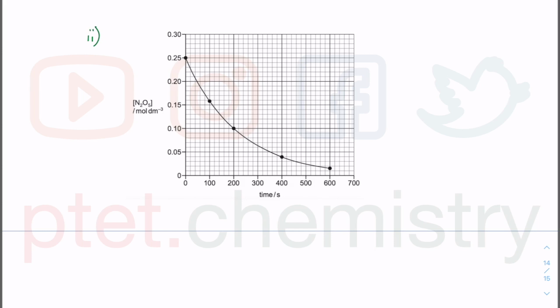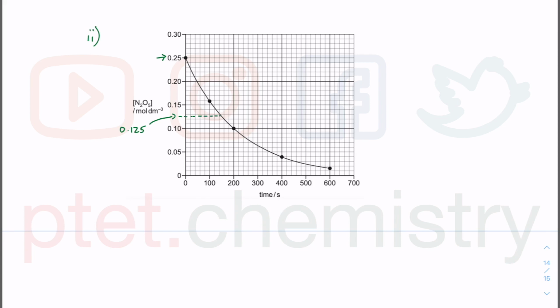Now they say show your working on your graph. If they want you to show your working on your graph, you gotta have a line. And I started with 0.25 mole per dm cube, which means when I halve it, so 0.25 divided by 2, I get 0.125. 0.125 is somewhere there, so that is 0.125 mole per dm cube.